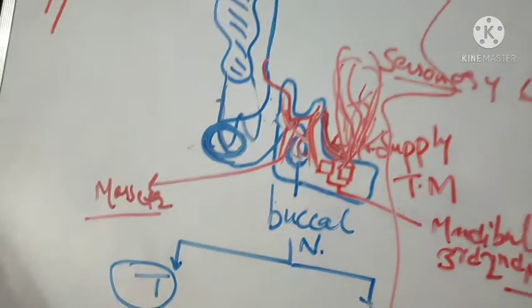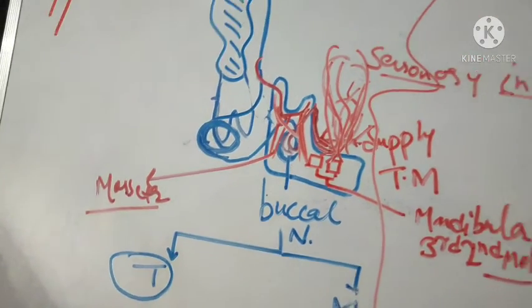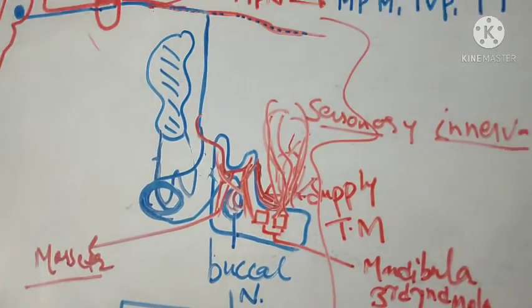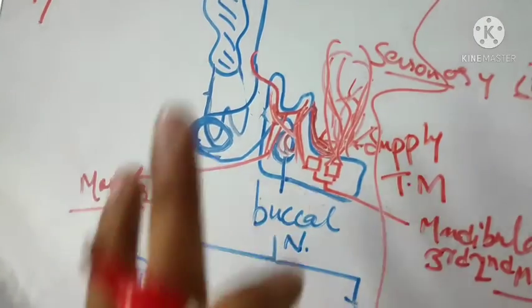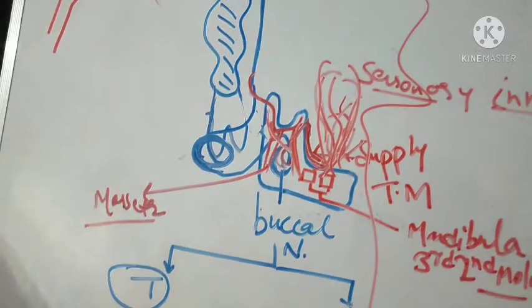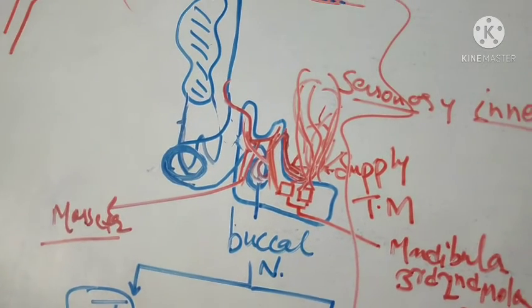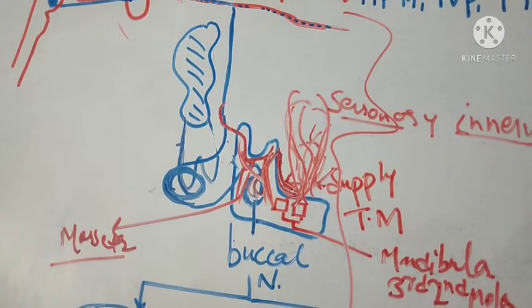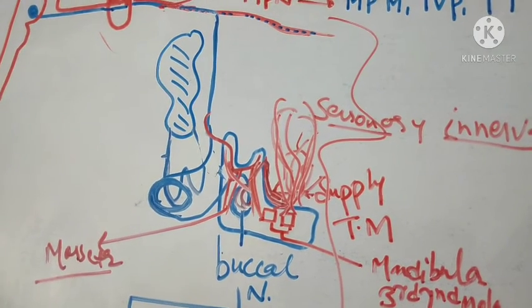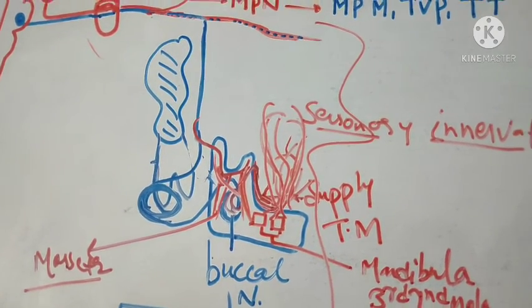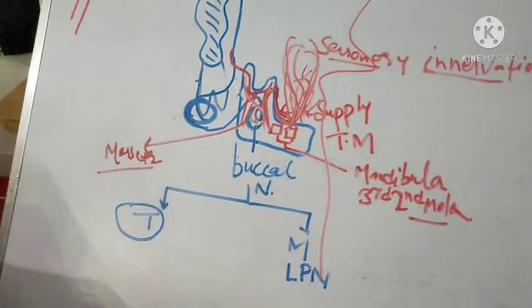After entering into the retromolar triangle, they supply sensory innervation to the mandibular molar gingiva, the outer aspect of the gingiva, that is the buccal gingiva, and also the mucobuccal fold region. So they will supply the mucobuccal fold.